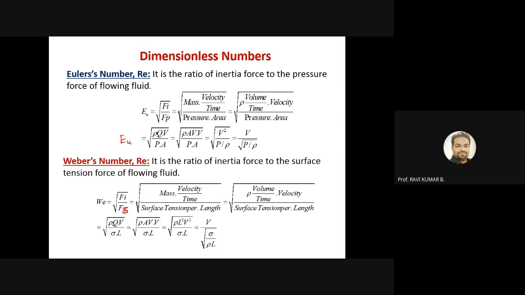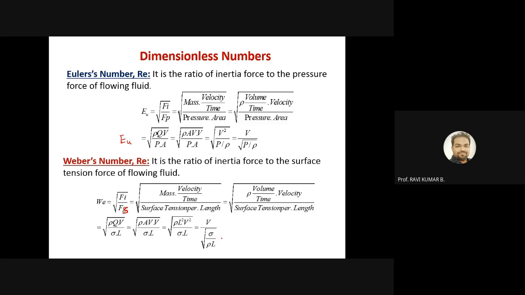And above that, already you know the formula for this, no need to repeat it again. So you can directly say rho A v squared divided by sigma into L, where sigma is surface tension and L is the length of the flow. So if you do modification in this, you can get the final form, that is v under root sigma by rho L, and this is known as Weber's number.